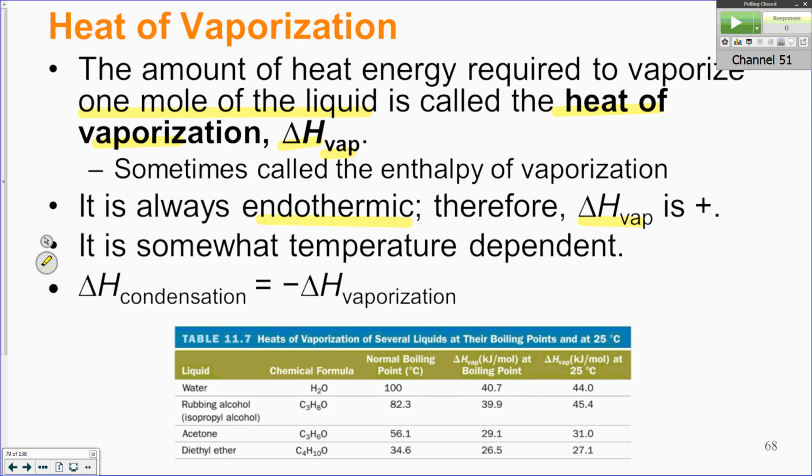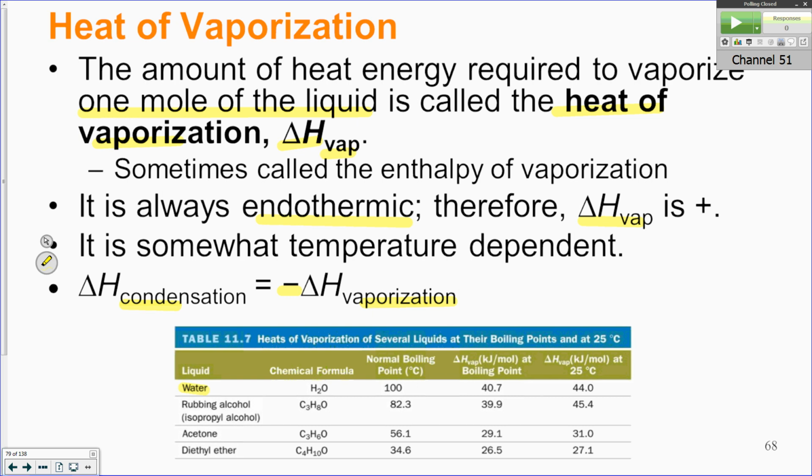If we think about the processes that occur, we said that condensation and vaporization were opposites of each other, and the enthalpy change is nothing different than the sign. So the enthalpy of condensation is just whatever it is for vaporization, with the sign changed.